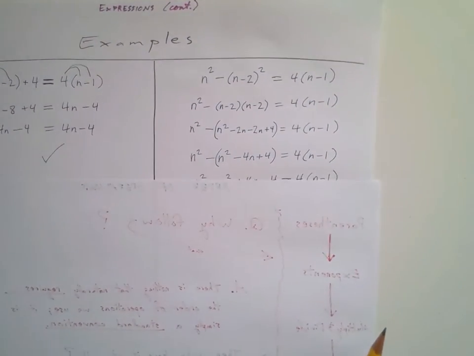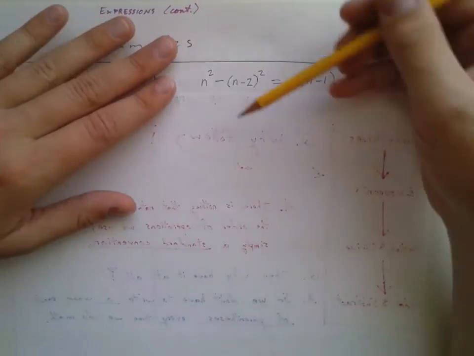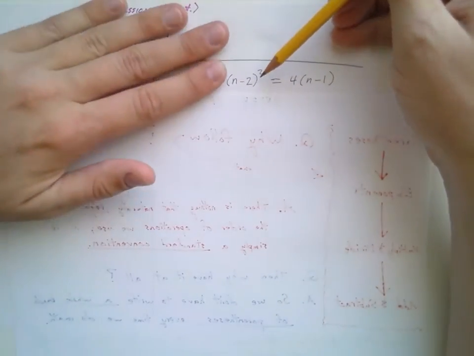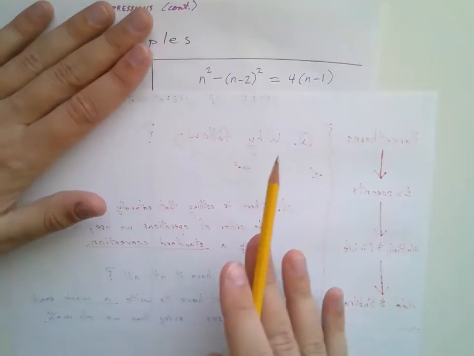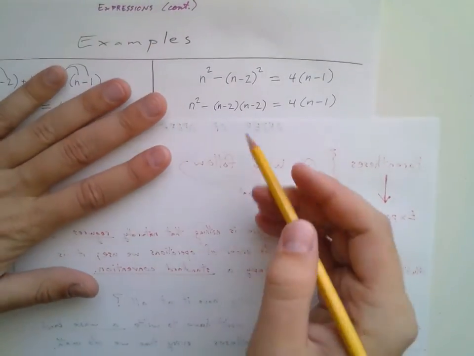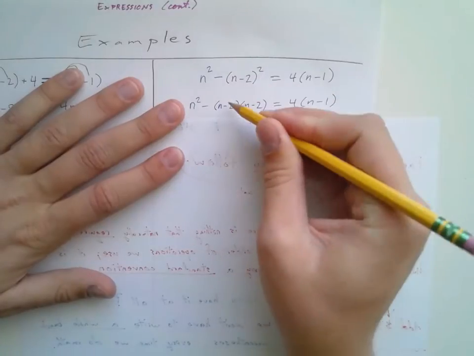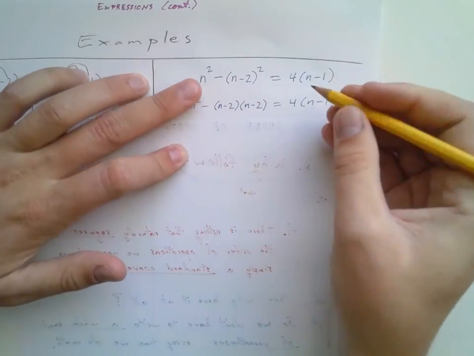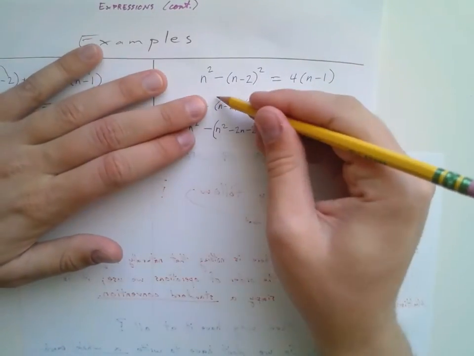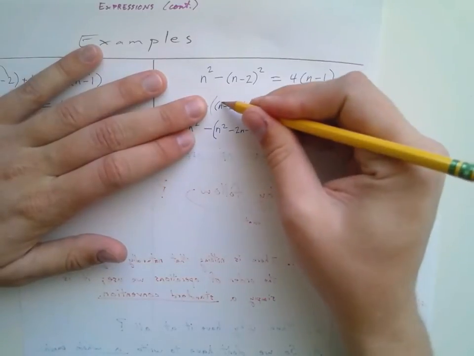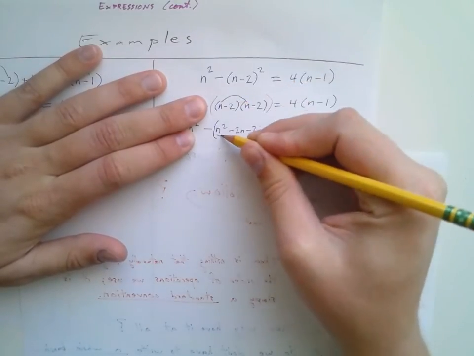This other one is a little more complicated, the n squared minus n minus 2 squared. Okay, so the n minus 2 squared means times itself. So n minus 2 times n minus 2. And just looking at that part for a second, n times n is n squared.